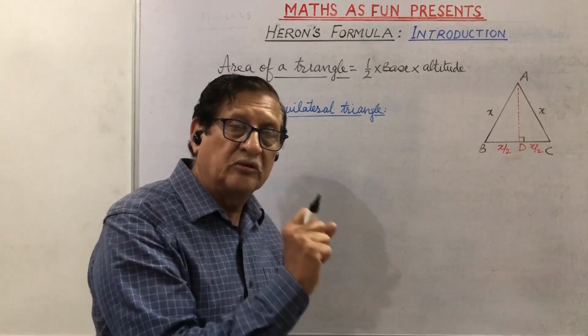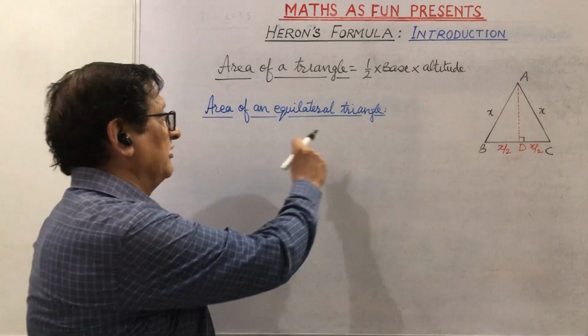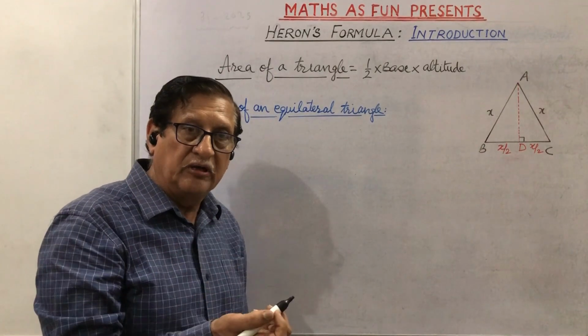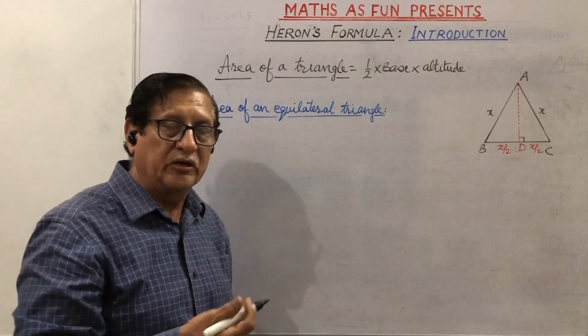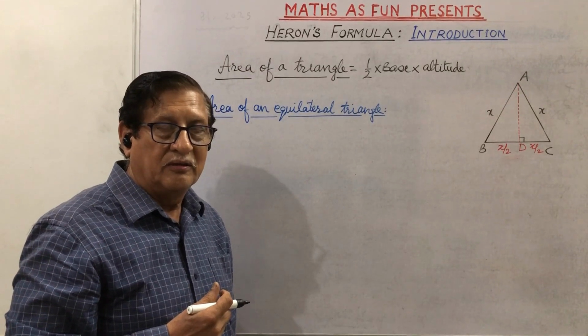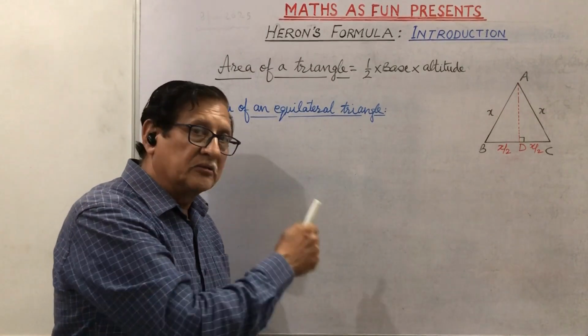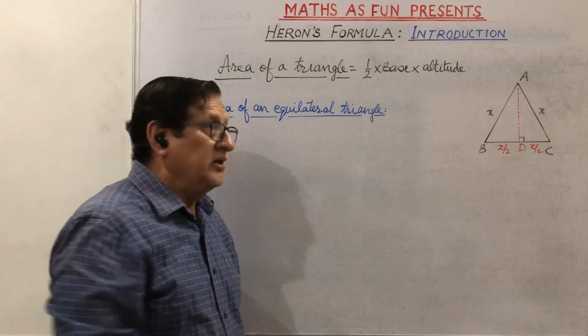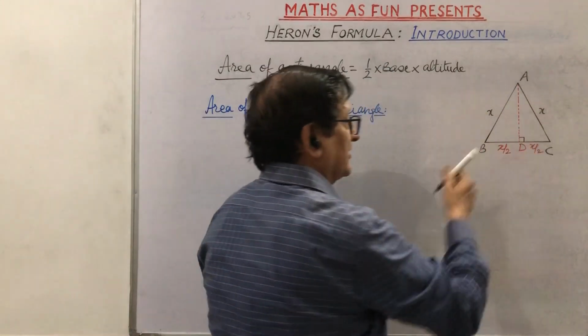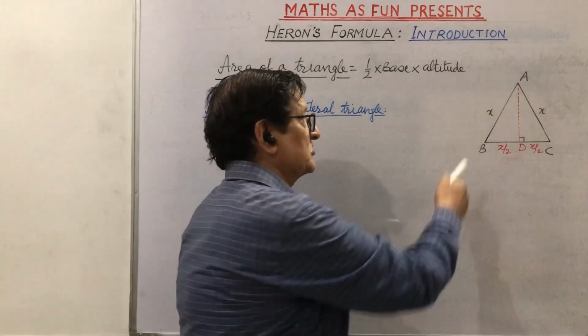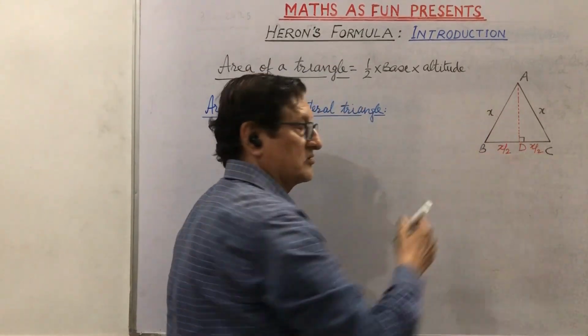Now we discuss finding the area of an equilateral triangle. We know an equilateral triangle is also known as an equiangular triangle. In this, all the three sides are equal. Here we have triangle ABC as an equilateral triangle, and each side is of length x, suppose.